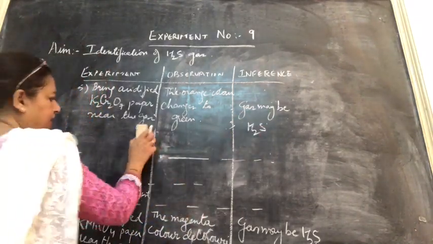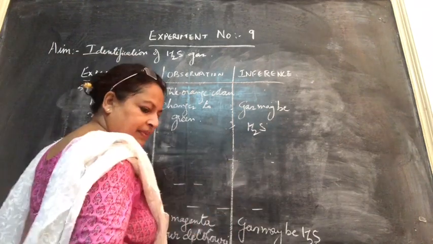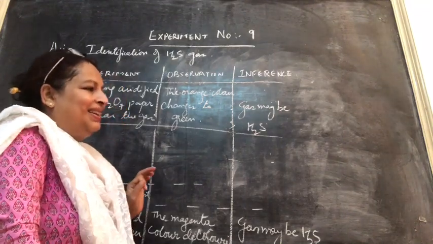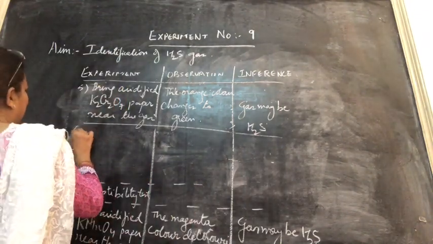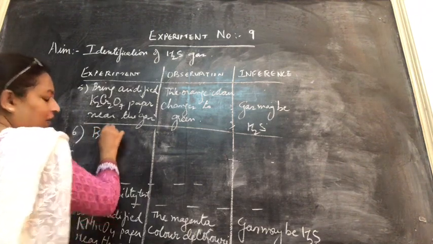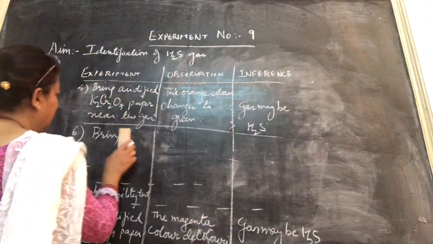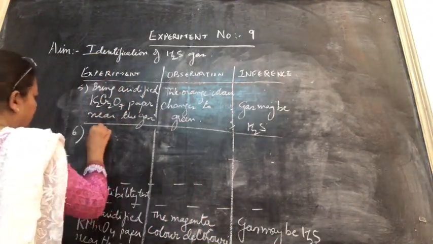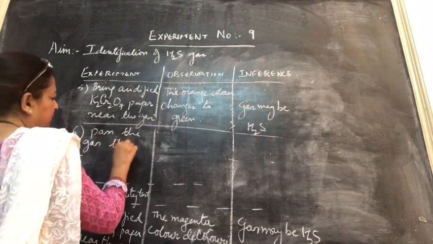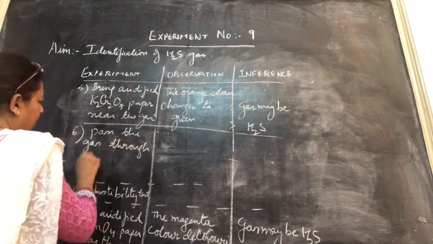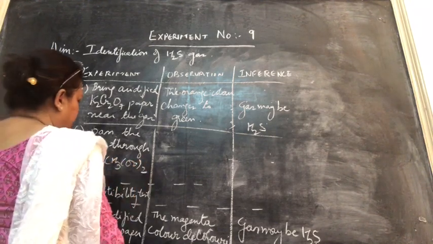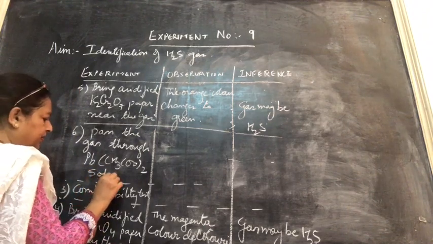And now the last test. So number 6, we can say bring, or maybe we can say pass the gas through. So that statement also you should know. Pass the gas through lead acetate (CH3COO)2Pb solution.